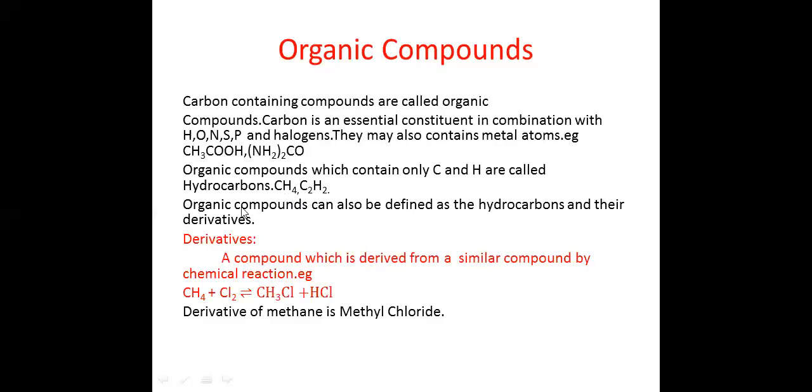Organic compounds can also be defined as hydrocarbons and their derivatives. Hydrocarbons, I told you, are the carbon and hydrogen containing organic compounds, and a derivative means a compound which is derived from a similar compound by chemical reaction. You can see that methane reacts with chlorine and forms methyl chloride.